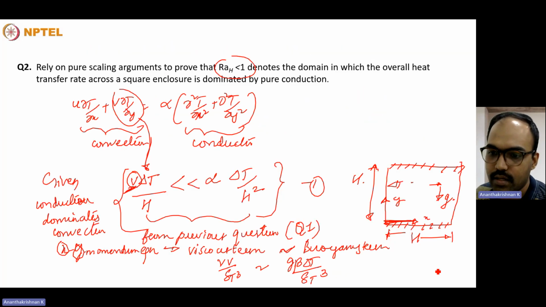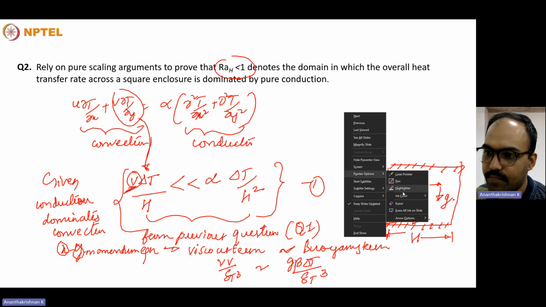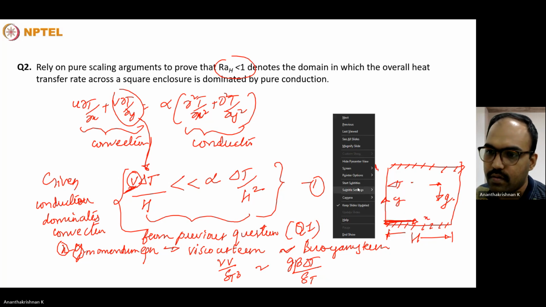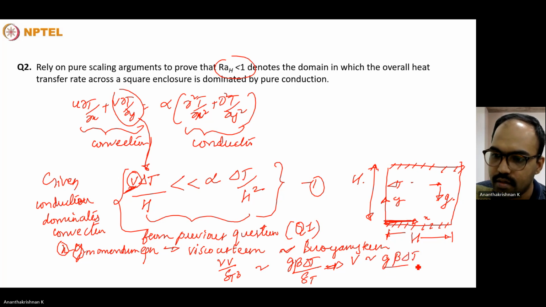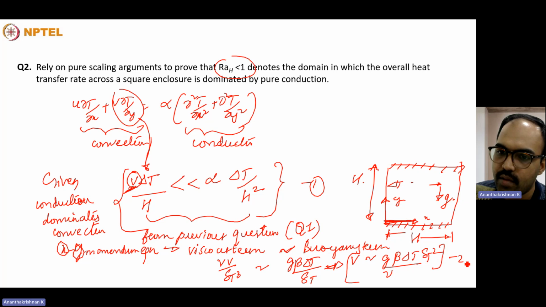So it's g beta delta t, not delta t cubed. From this, what we could write is that v could be scaled as g beta delta t squared divided by nu. That can be the second equation.